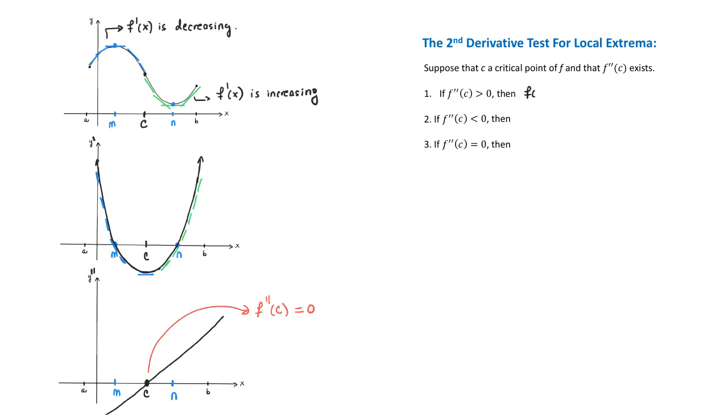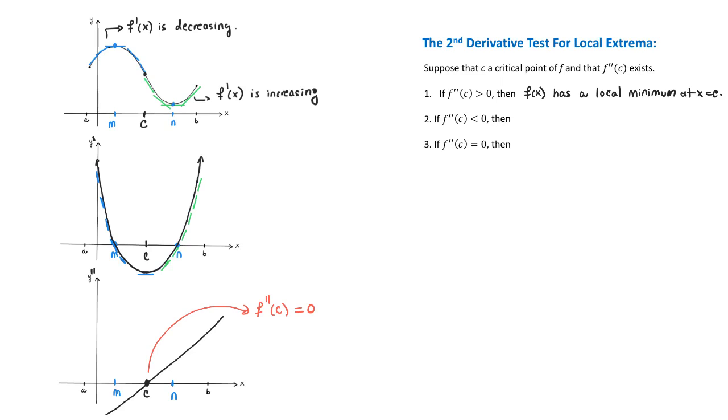Then f of x has a local minimum at x equals c. And you can see it right here. For if the second derivative is positive, at n, let me go back all the way to the beginning. At n, we had a local minimum. So practically it's the opposite that you have. A positive second derivative means a local minimum.